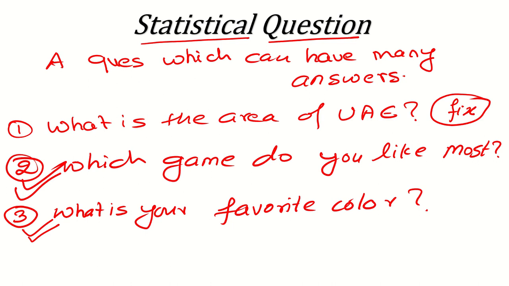Now let's talk about something related to tables. One question may say that the following table is given, with some questions related to that table. For example, the table has the game and the number of students.